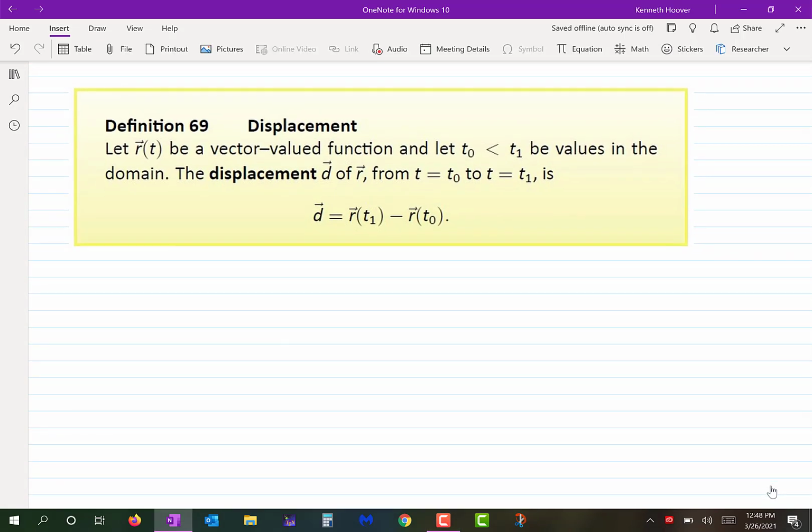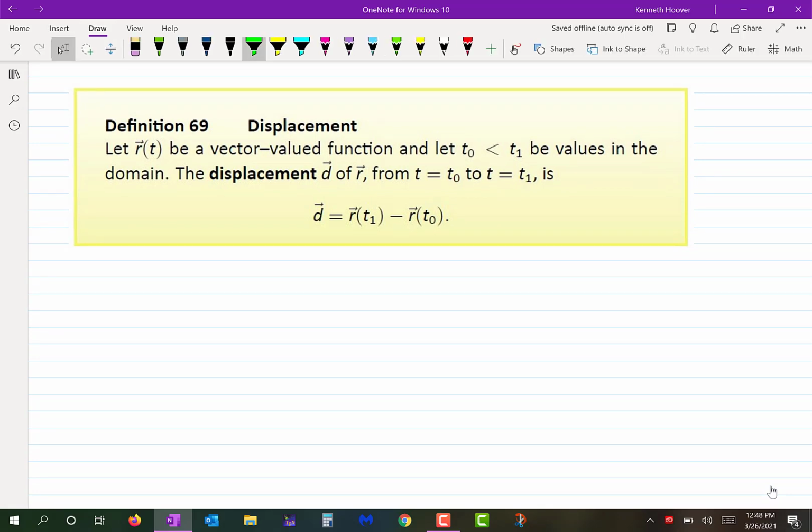Okay, now just a couple of other quick notions here. I want you to know what is called a displacement vector. If you have a vector valued function, let r of t be a vector valued function, and let t naught be less than t1 be values in the domain. The displacement D, and what is D?